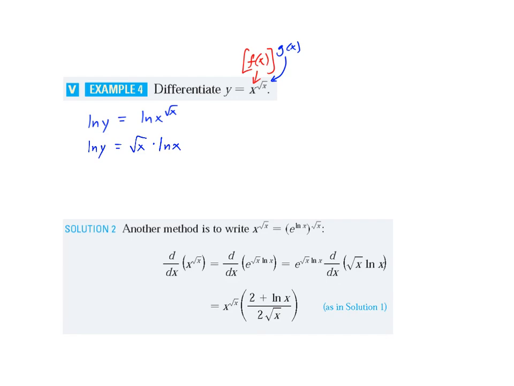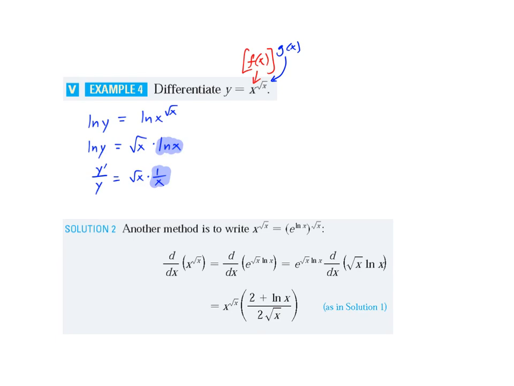All right, then I differentiate both sides. I get y prime over y equals, on the right side I'm going to have to use the product rule. So this becomes square root of x times 1 over x. That's the derivative of ln of x; the derivative of ln of x is 1 over x.